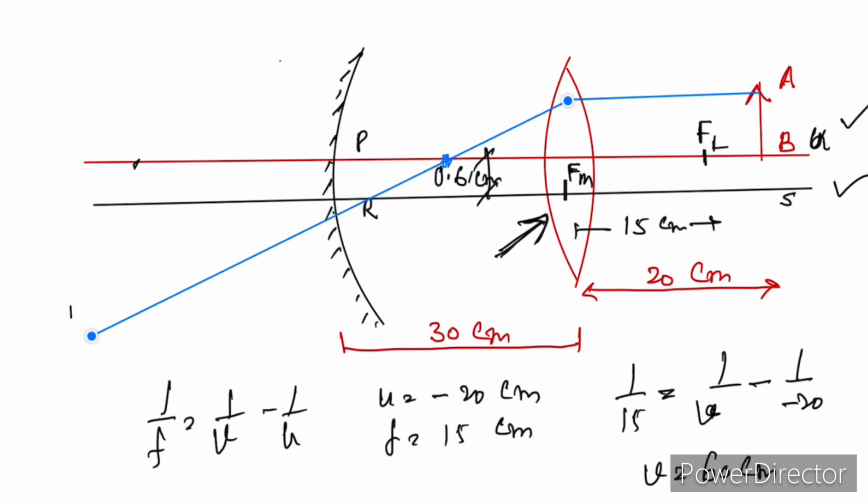So this is one ray. Another ray we can take from the pole, and this will be coming like this from the pole, and here we will get an image where they are meeting, and this image will be from this optic axis like this.